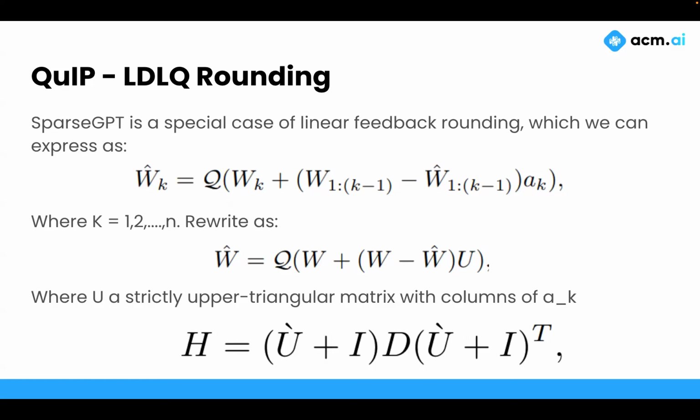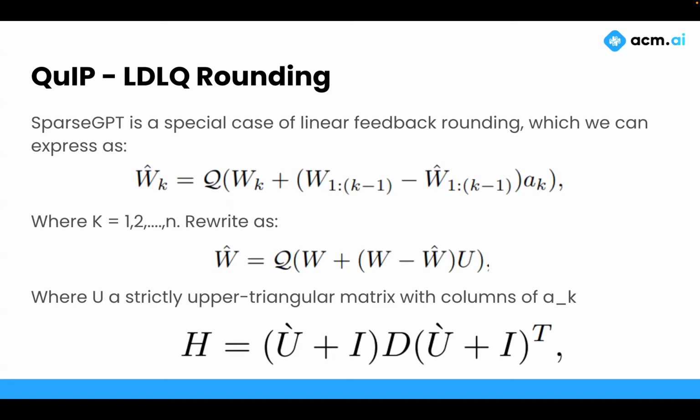So basically what they do is they describe a form of linear feedback rounding. So basically after we round one value, we use the rounding error, and that's linearly fed back to the unquantized values.